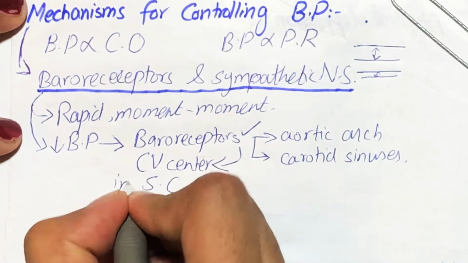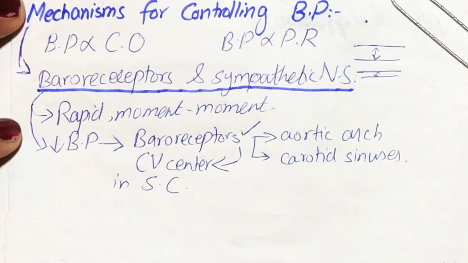So in the spinal cord there are several centers which are known as cardiovascular centers. These centers are activated due to the signal sent by the pressure sensitive neurons, also called baroreceptors. So this reflex response causes an increase in sympathetic nervous system or sympathetic responses.